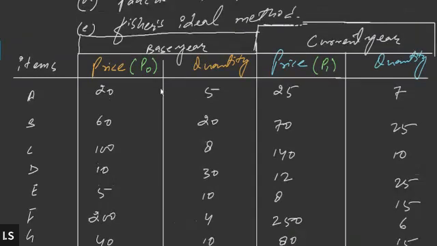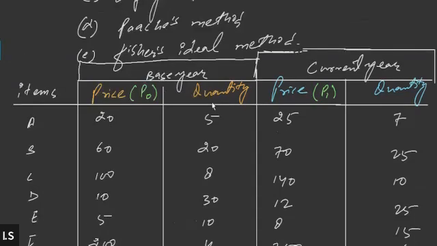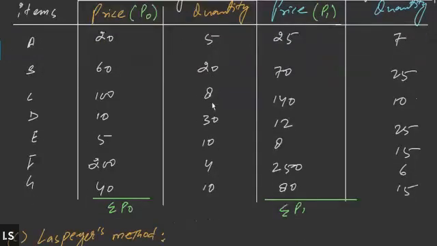For the first item, it will be 25 into 5, na? Yeah, 125, then 1,400, then 1,120, then 360, okay, all right. After that, 80, correct. Then 1,000, okay, and 800. All right, perfect. Also calculate P0Q0.